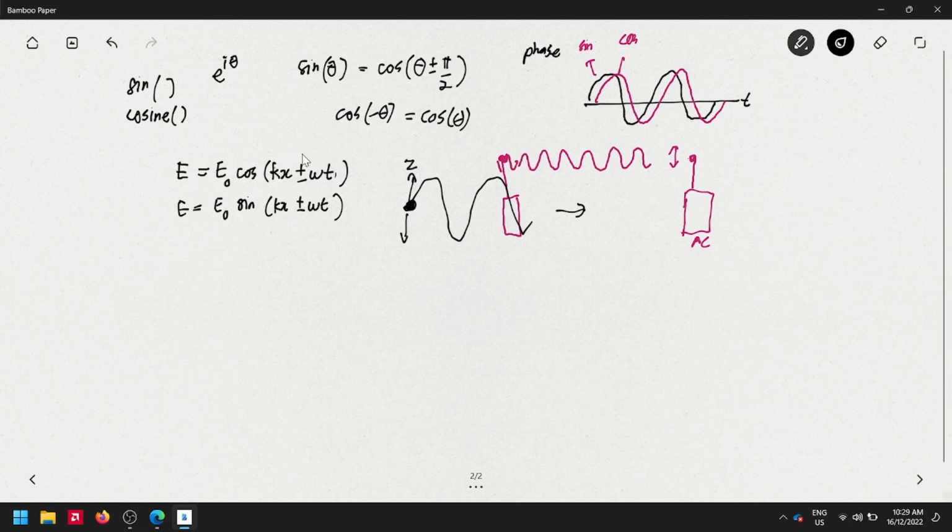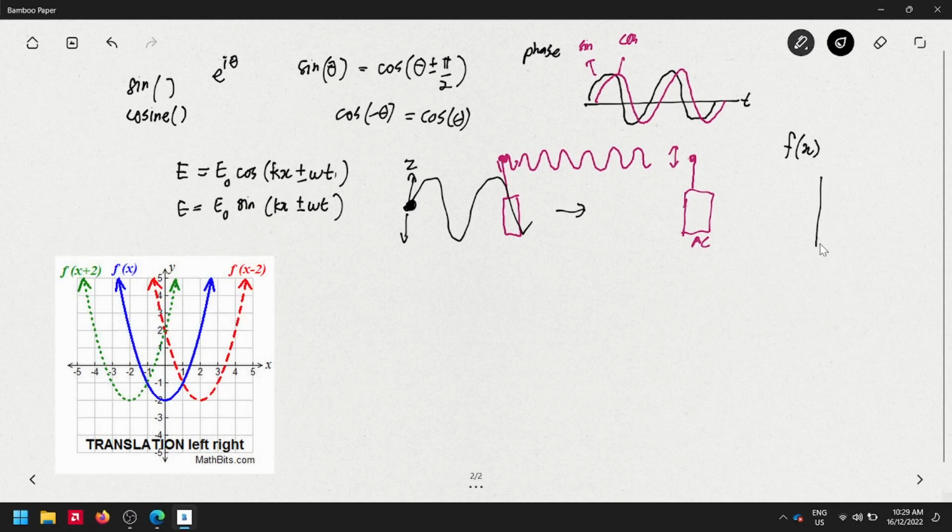So we will be able to know the direction of the wave by using the positive and negative sign over here. I need you to refresh your mathematics. For example, if I have a function f of x, so I have my curve over here like that.